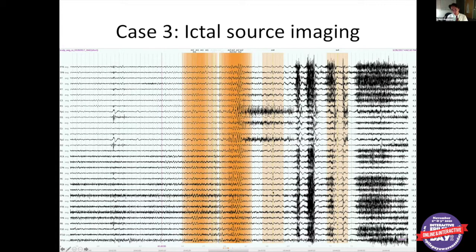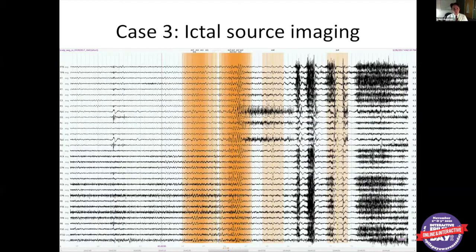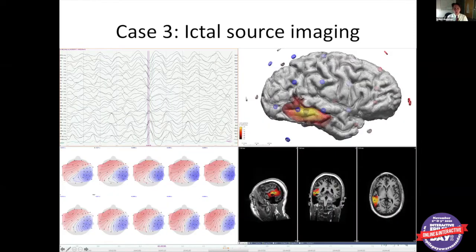And you have these sort of waves here that are later. So you can do source localization on the scalp EEG, but it's tough. Like, what do you do? Maybe these very beginning waves. How about these waves here? How about these? The first waves are out here that look just like the MEG. I'm like, oh, that's great. They're lateral and they're back here, posterior temporal.